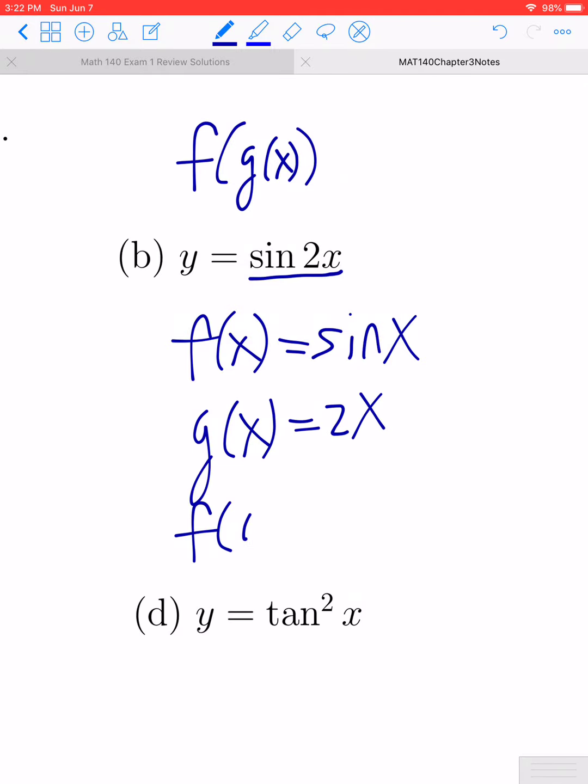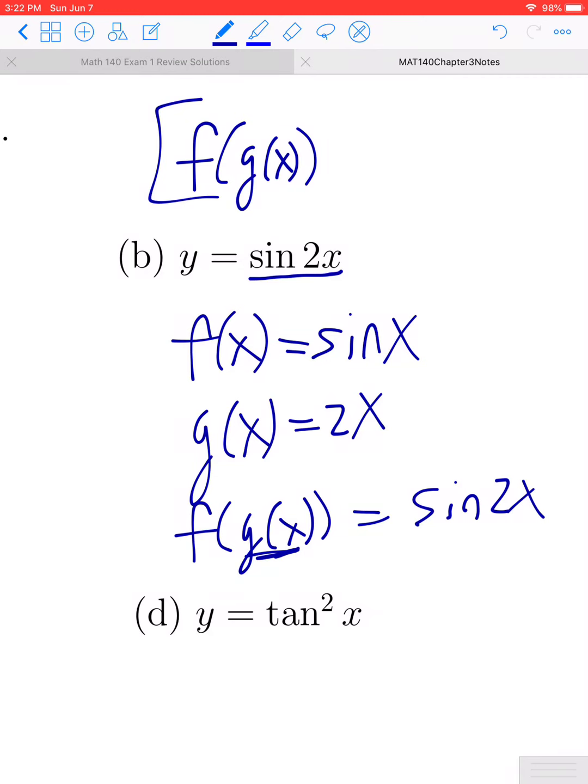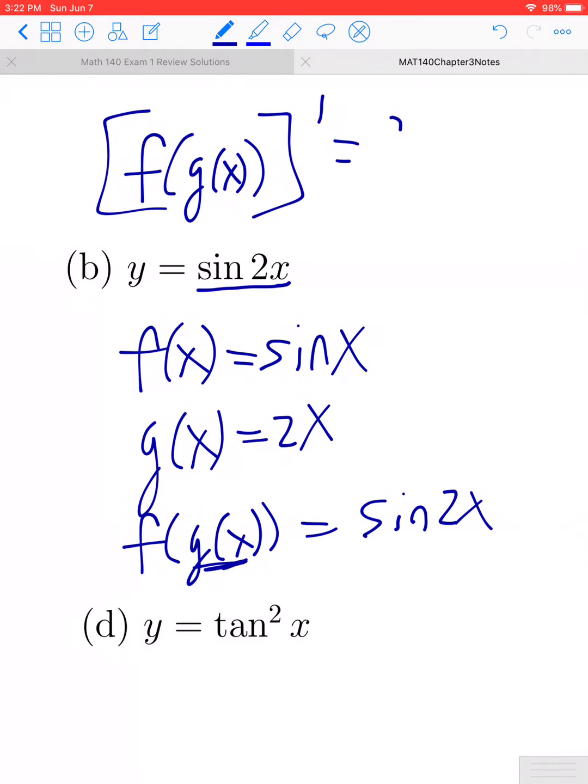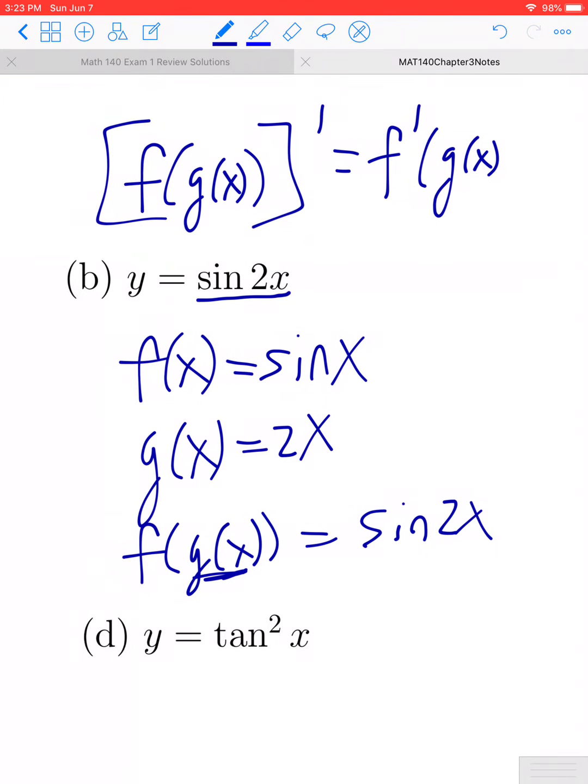Again, algebraically, we should be able to check this, but if you do f composed with g of x, then everywhere you have an x for f, which is the function that's the sine of the input, we would just be putting 2x. So according to the chain rule, if we want to take the derivative, this would be equal to f prime composed with g of x times g prime of x.